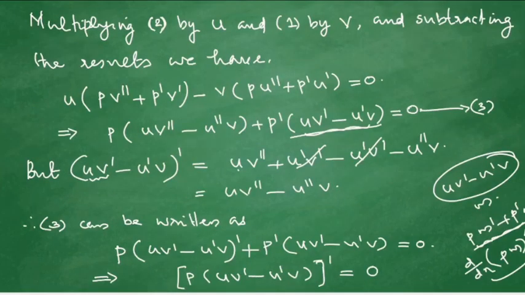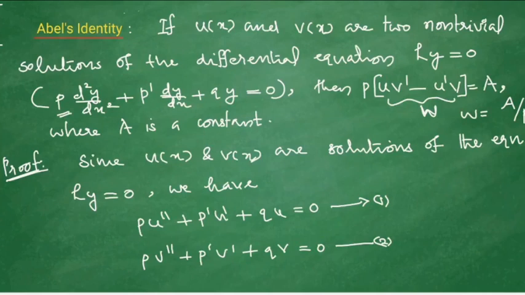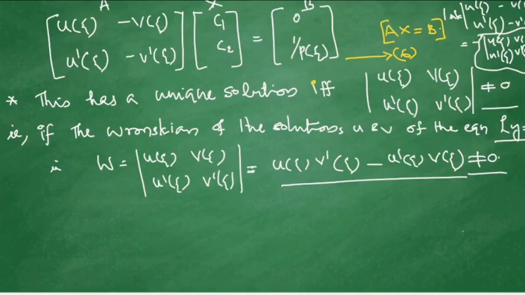Now we have obtained u v dash minus u dash v, the Wronskian, as A by P. Since all these factors are evaluated at theta, we can write it as A by P of theta.